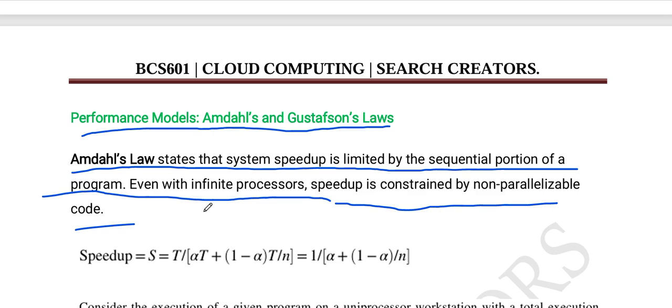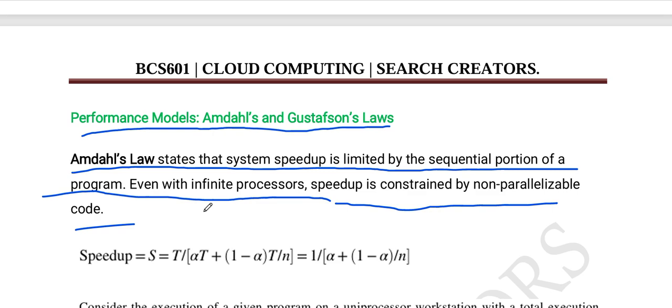What this law states is that the system speed up is limited by the sequential portion of a program. Even if you provide infinite processors, speed up is constrained by non-parallelizable code.